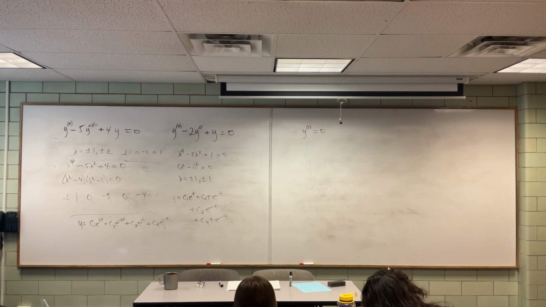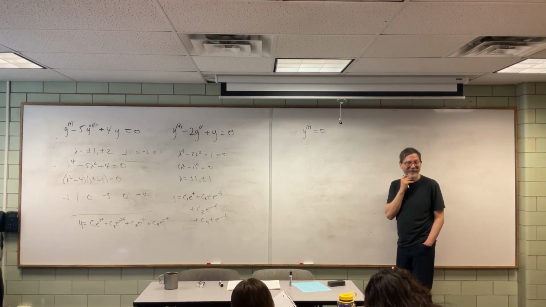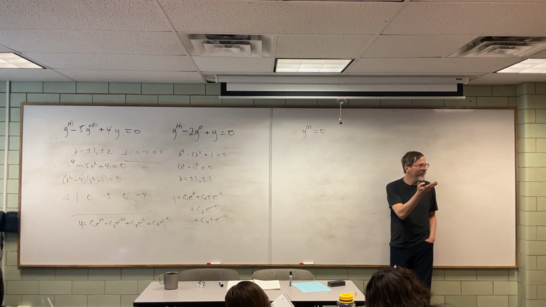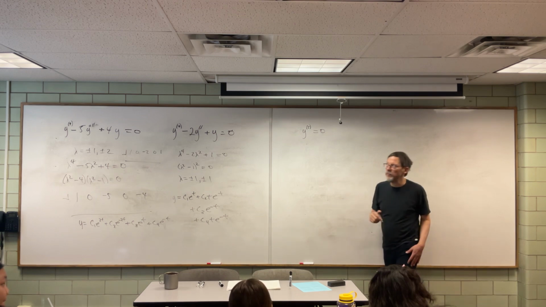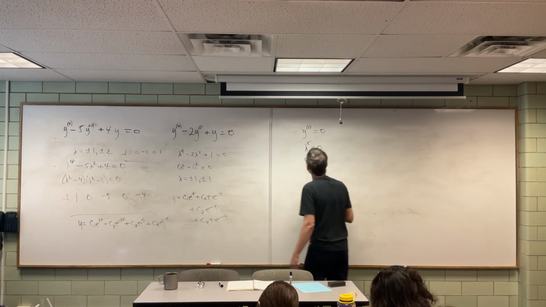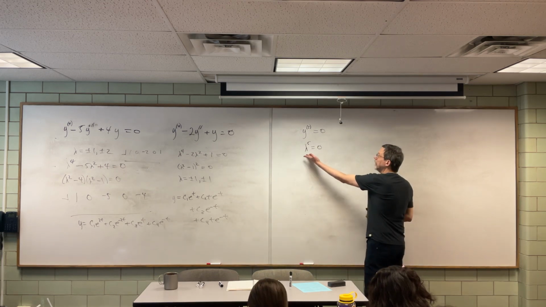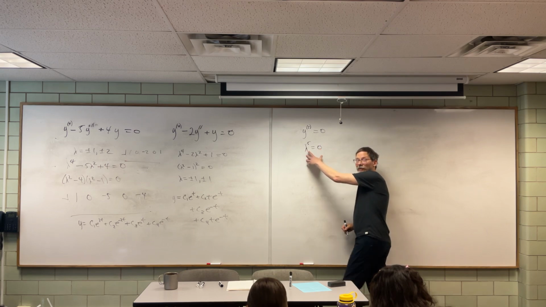What's my polynomial here? Lambda to the fifth is equal to 0. What's the solution? Lambda equals 0 of multiplicity 5. So I've got 5 zeros.